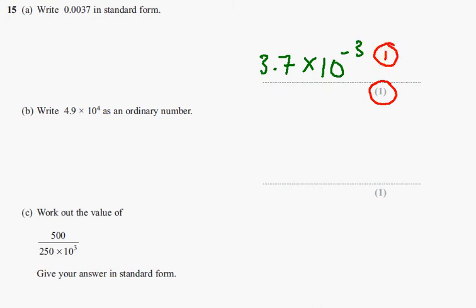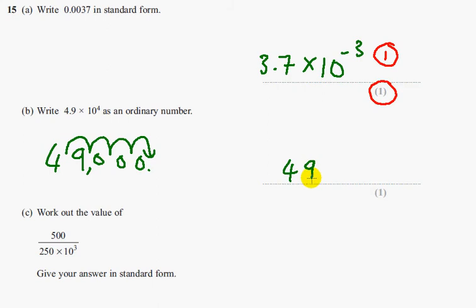Part B. Write 4.9 times 10 to the 4 as an ordinary number. So 4.9 times 10 times 10 times 10 times 10 is going to be 49,000 written as an ordinary number.